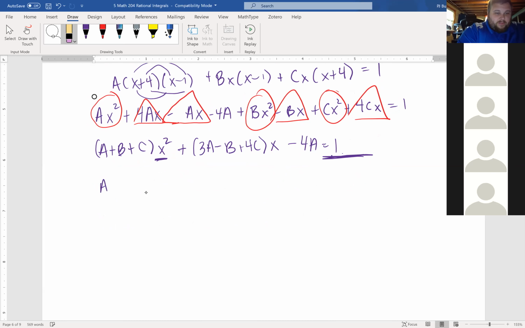So a plus b plus c is 0. There are also no x terms over there, which means that coefficient must be 0.